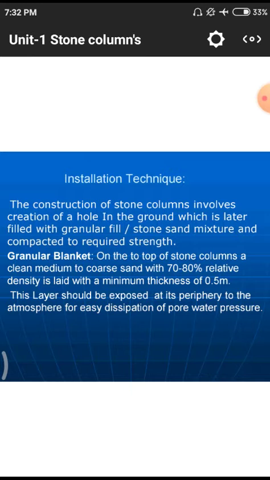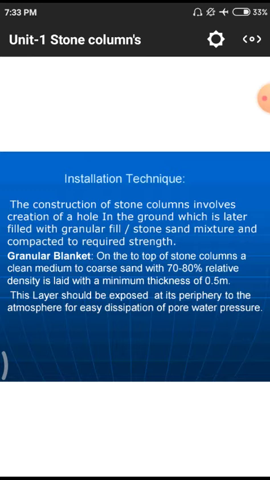Next one is the installation technique, how we install a stone column in different soils. First of all, the construction of a stone column involves creating a hole in the ground itself.